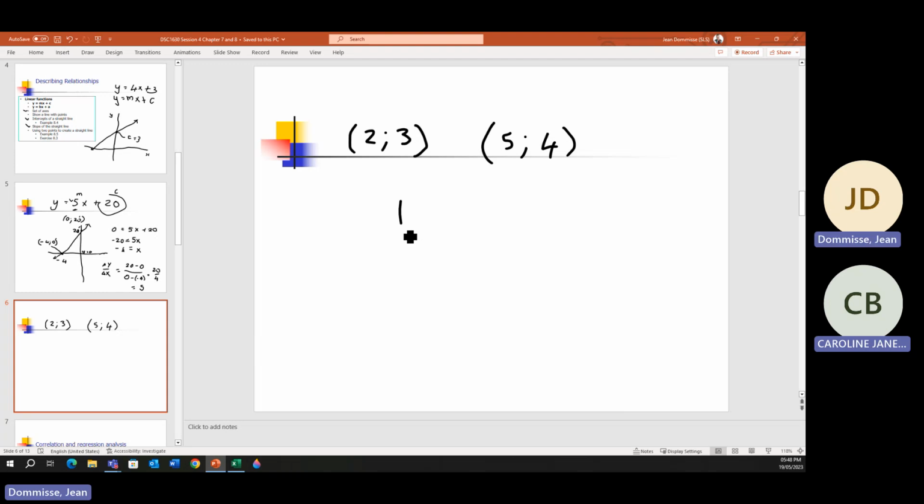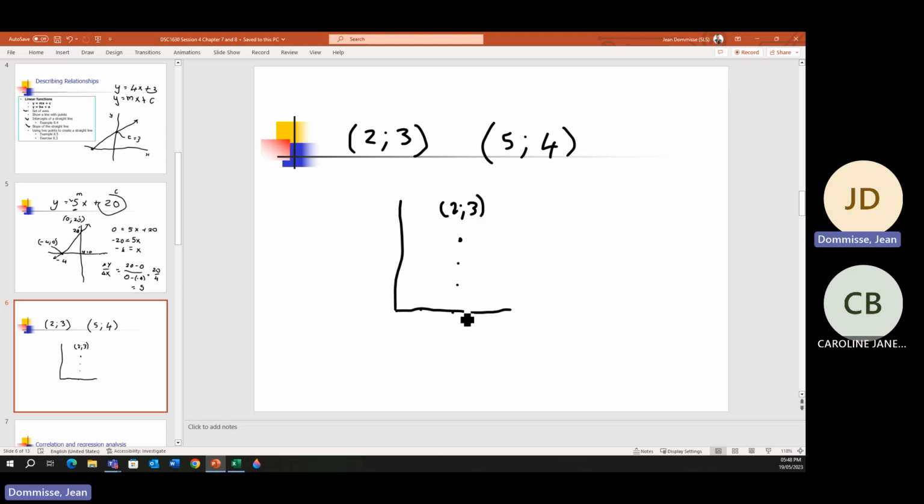So then we can again look at it. I hope it's something realistic that I know. So let's say that is your point 2 and 3.